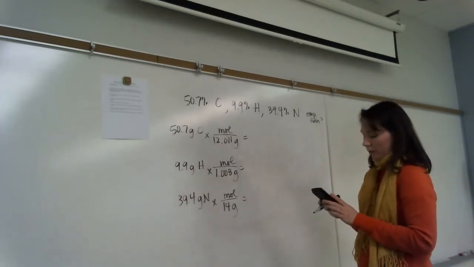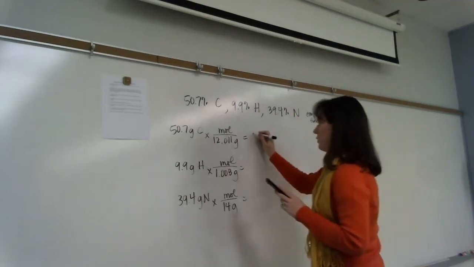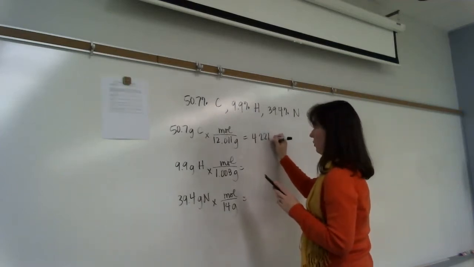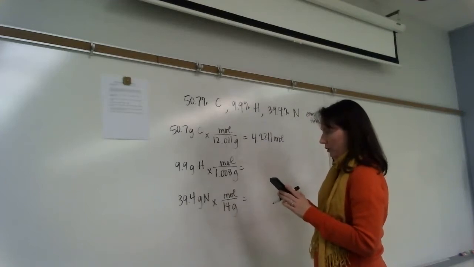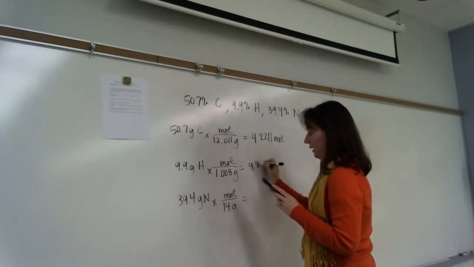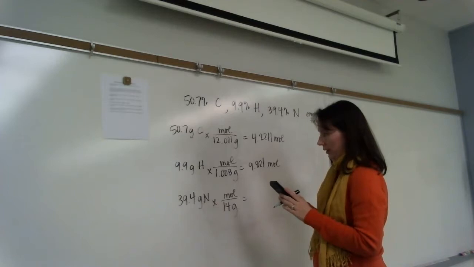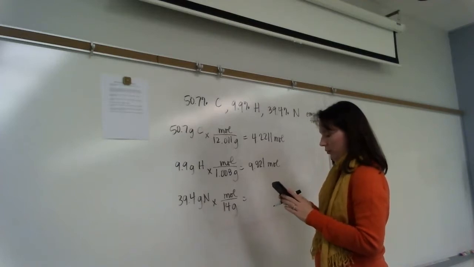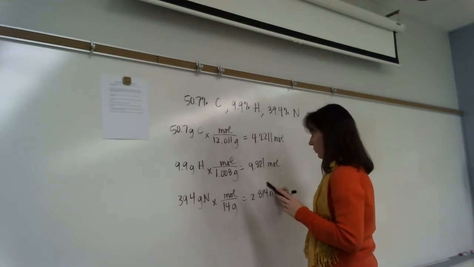All right, so 50.7 divided by 12.011 is 4.2211 moles. 9.9 divided by 1.008 is 9.821 moles. And 39.4 divided by 14 is 2.814 moles.